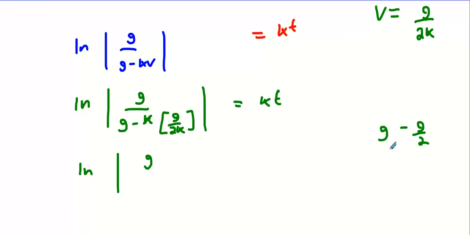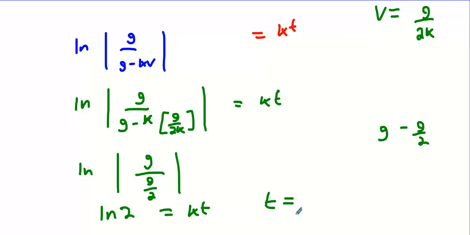So g minus a half g is g over 2, and then g divided by a half g is 2. So this is actually ln 2 equals kt, and this means your time to reach half its terminal velocity is ln 2 over k, and that's much quicker than the other way of doing it.